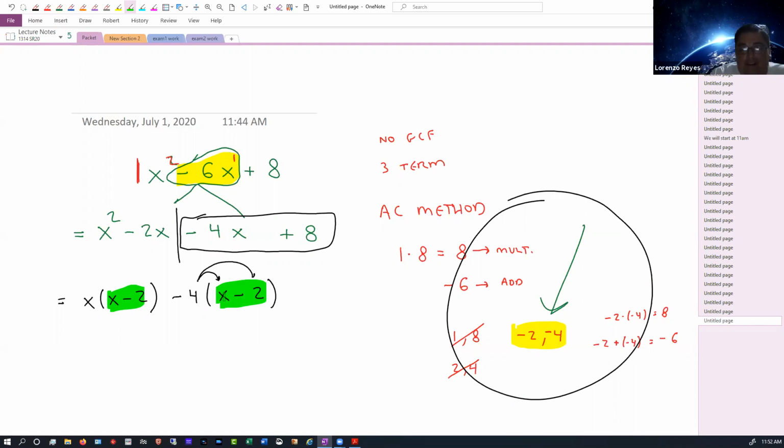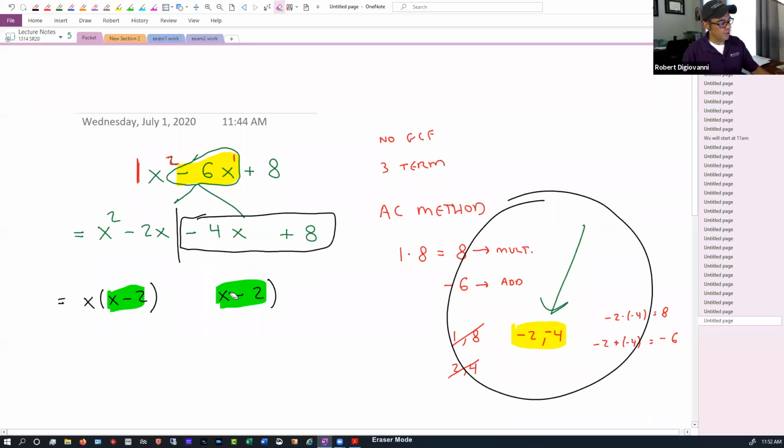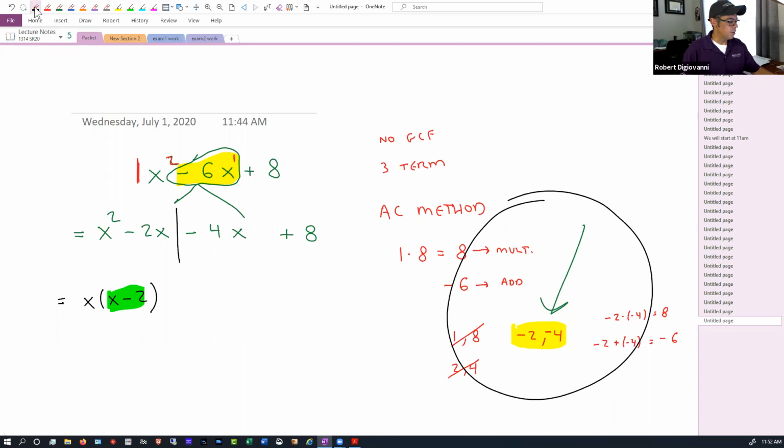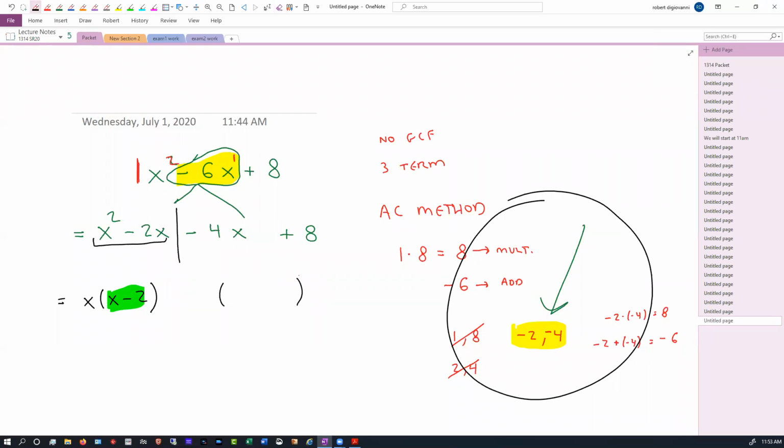Okay, let me show you a slightly different approach to this, and I like this approach. At this point, when you've taken the first 2 terms and pulled the GCF out, you pulled the x. Don't we know that if grouping is going to work, what would have to be in that parenthesis? x minus 2, right?